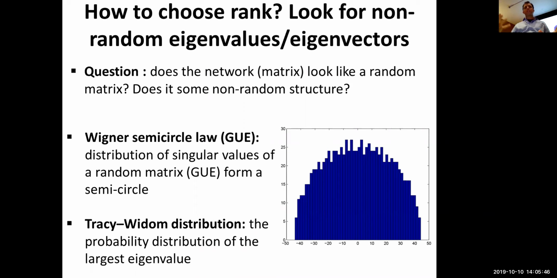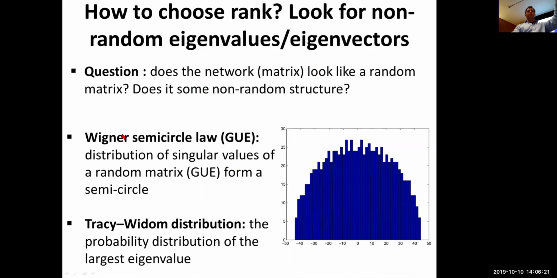And there are some tricks about that, a little more complex than the scope of this lecture, but you can look at the distribution of your eigenvalue sizes, okay? So you can choose how many eigenvalues to keep by saying, if I have a random matrix where things are noisy, where there's no structure, then the distribution of singular values is going to form this semicircle.